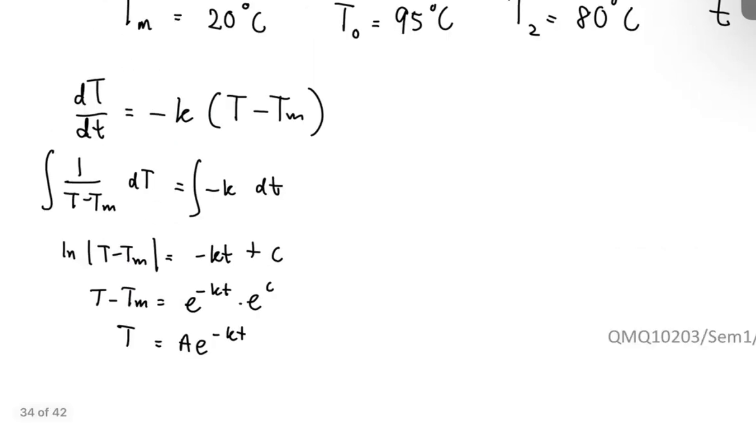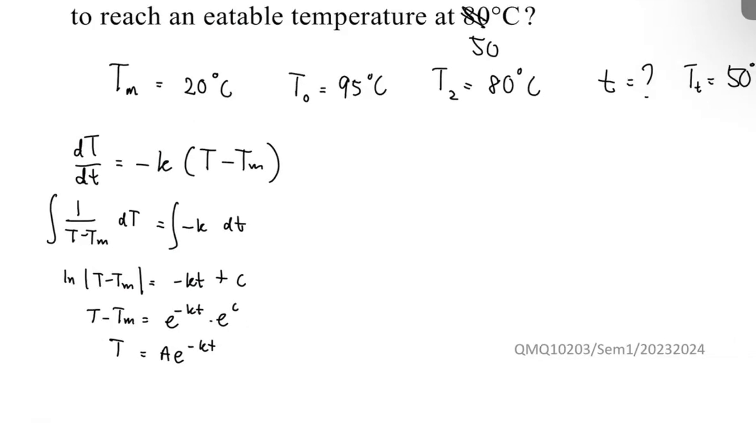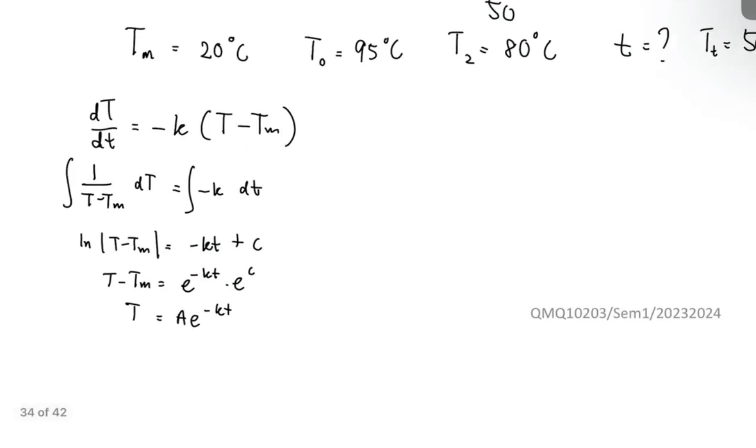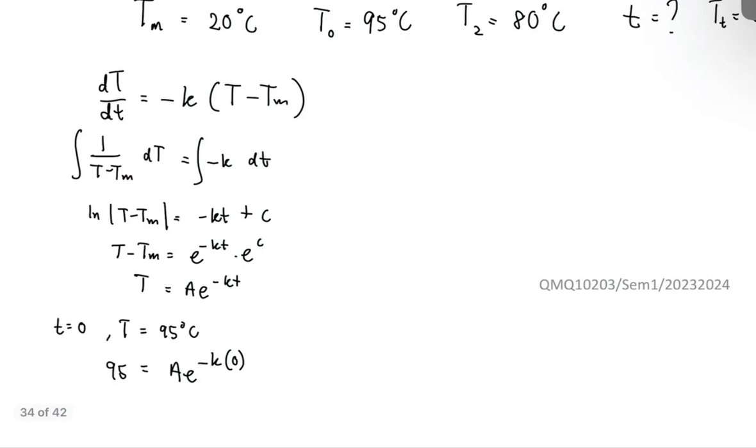Now we need to put in all the information we have noted to find A and k. First, initially the temperature of the soup is 95 degrees. So when t equals 0, the temperature is 95 degrees. So 95 equals A exponent negative k times 0. Exponent 0 is 1.